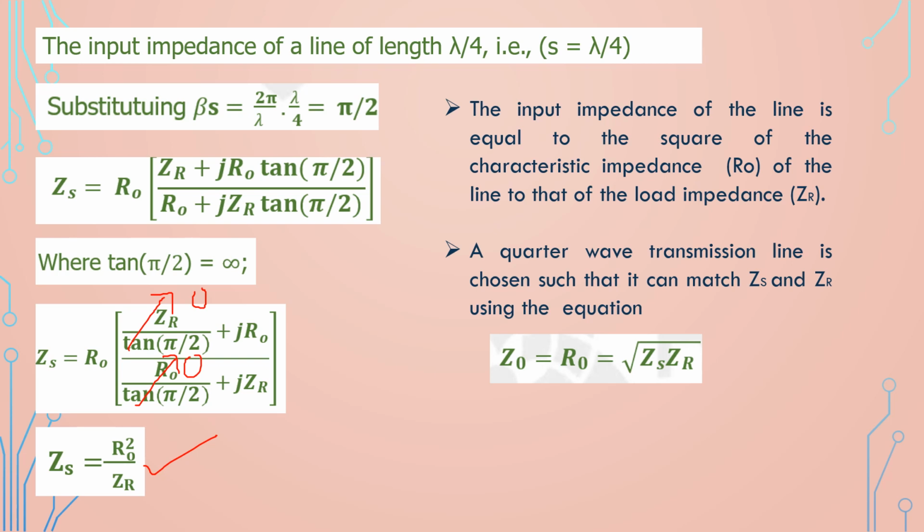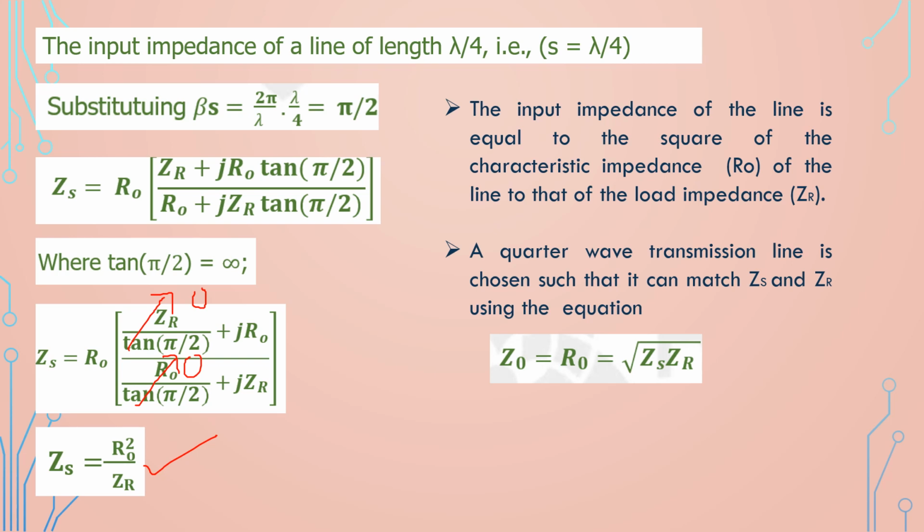Generally this formula is very important. If I have a source Zs and a load Zr, what is the characteristic impedance of the line that I have to join? In that case, R0 is equal to square root of Zs into Zr. That is what is written here. So Z0 is equal to R0 is equal to square root of Zs into Zr.